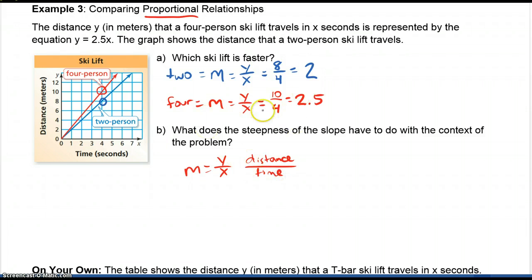So what that would mean is that, since I'm using red, I'm going to go with the 4-person first. The 4-person means that they are going 2.5 distance, which is meters, 2.5 meters per 1 second. Okay, and the 2-person is going 2 meters per second.